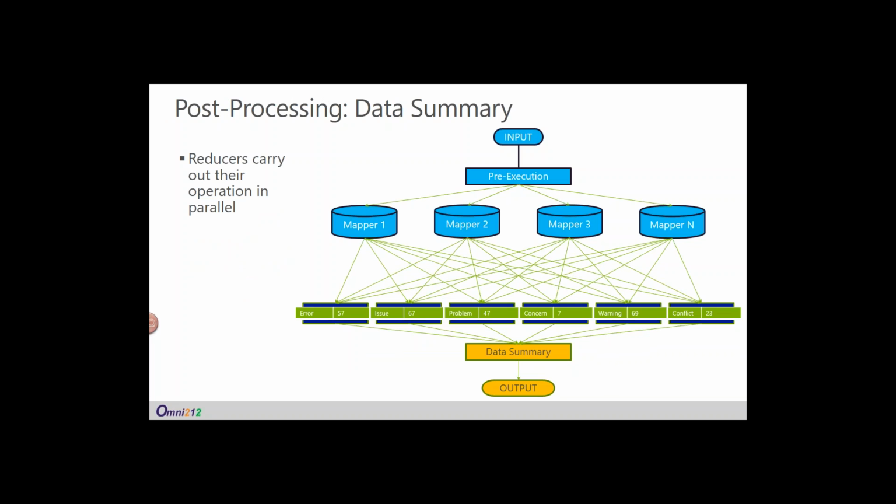In a similar fashion, each of the reducers completed their own processing, and since this was all done in parallel, the computation becomes very much faster. The data summary unit then takes the results from the reducers to create a temporary table for the results.